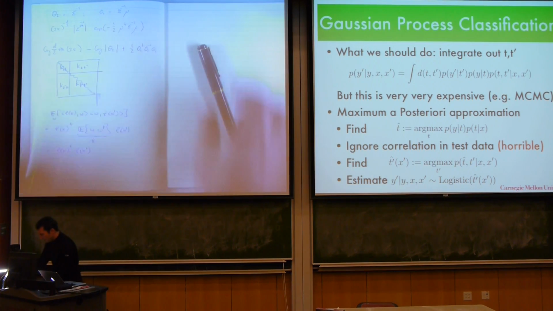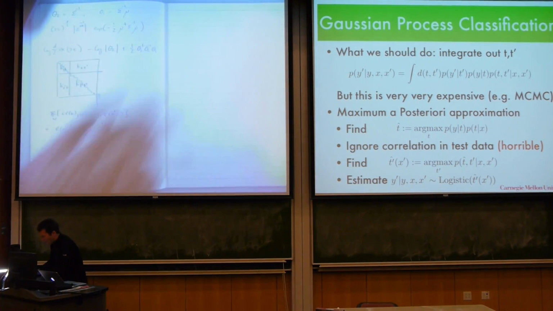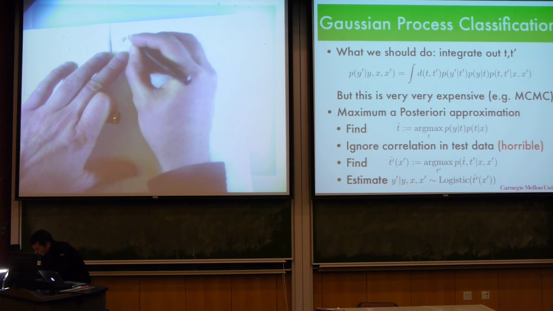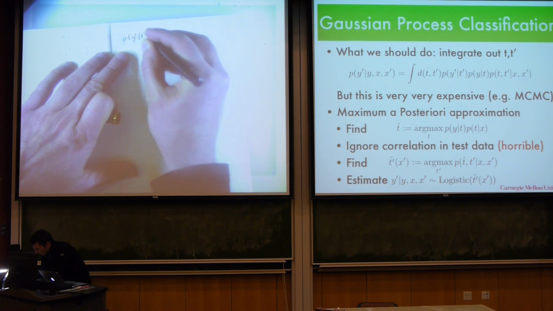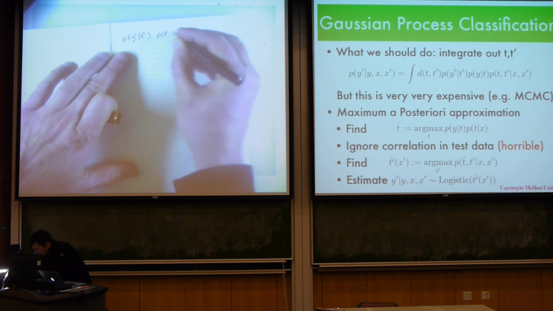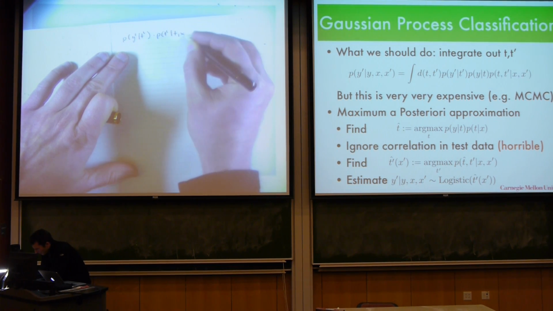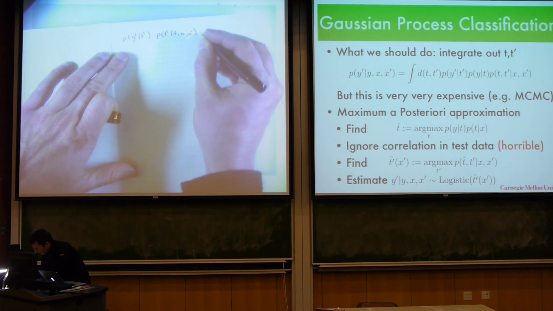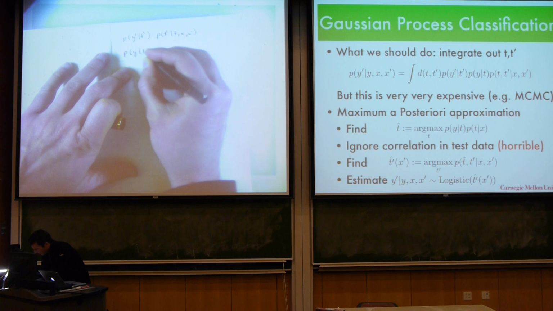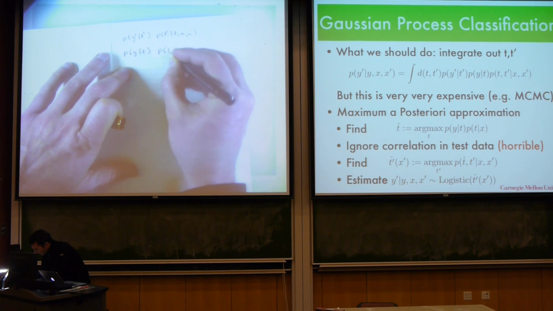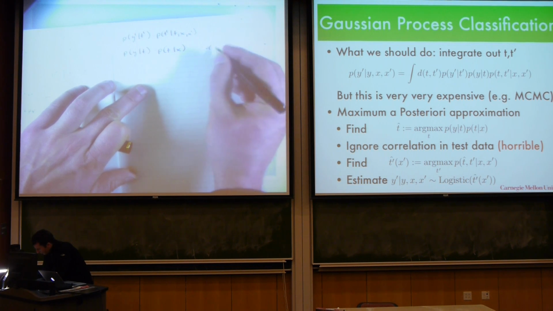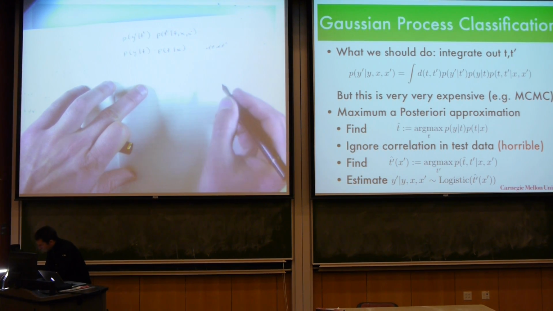Because I can write that integrand as p of y prime given t prime times p of t prime given t, x and x prime, times p of y given t times p of t given x. And of course I have to do the integral dt prime.